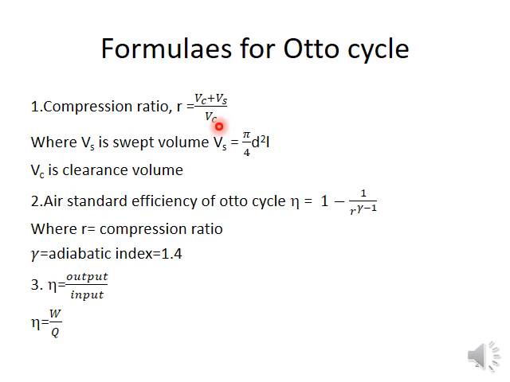The compression ratio is the total volume of the cylinder divided by the clearance volume, and the swept volume is equal to pi by 4 d square L. The second formula is the air standard efficiency of the Otto cycle, equal to 1 minus 1 divided by r power gamma minus 1, where r is the compression ratio and gamma is the adiabatic index. Efficiency is also output by input: output is the work done, and input is the heat supplied at constant volume.